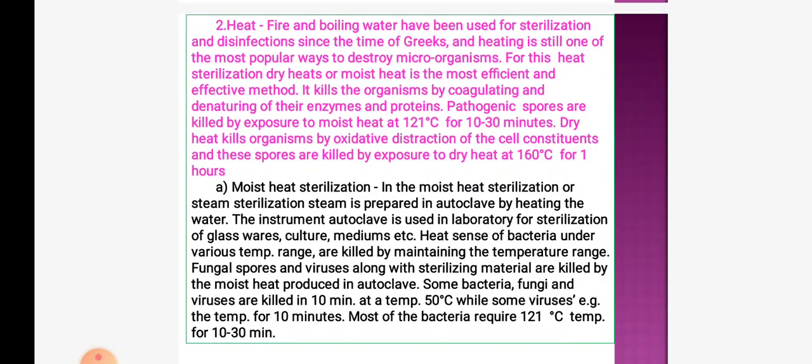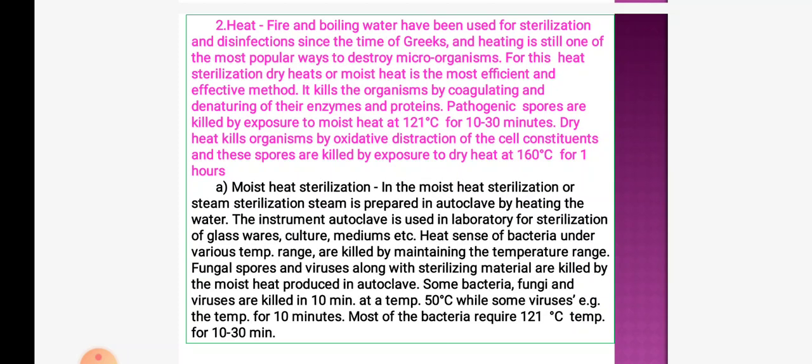Then heat sterilization. Fire and boiling water have been used for sterilization and disinfection since the time of the Greeks. Heating is one of the most popular ways to destroy microorganisms. For heat sterilization, dry heat and moist heat are efficient and effective methods. It kills microorganisms by coagulating and denaturing the enzymes and proteins.